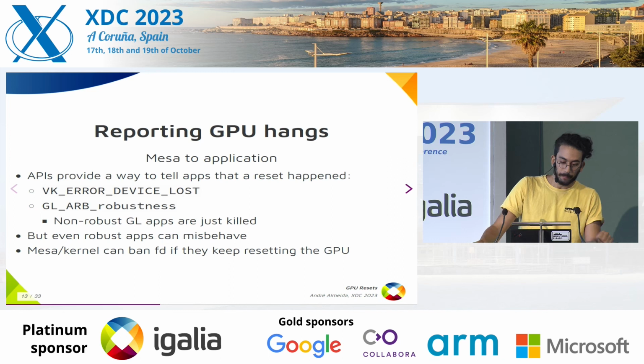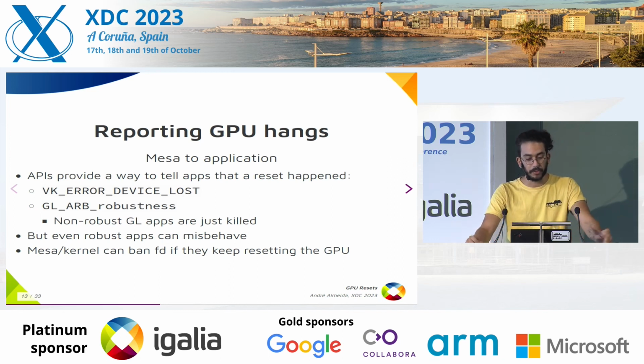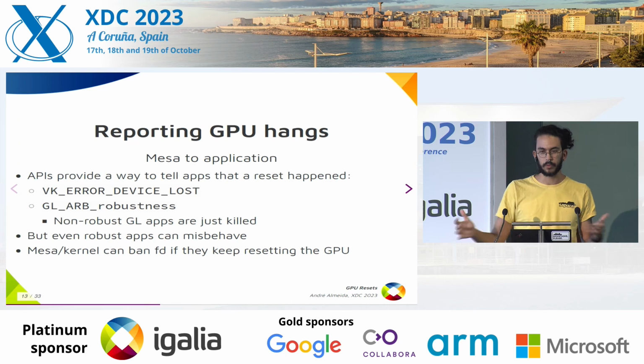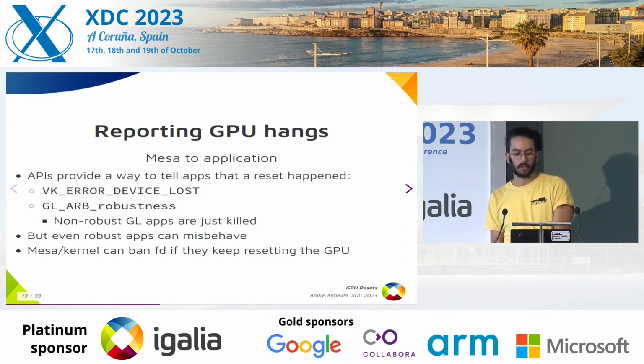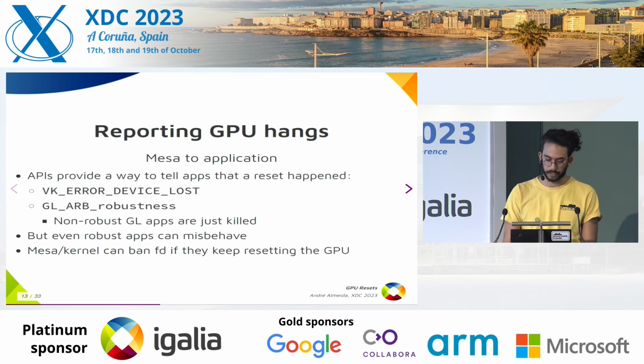Mesa and the kernel can come up with policies to ban file descriptors if they keep resetting the GPU. So what I'm trying to show here is that the landscape is really complex, and we are trying to build consensus on what to do, but we have a lot of different hardware and a lot of different strategies here.